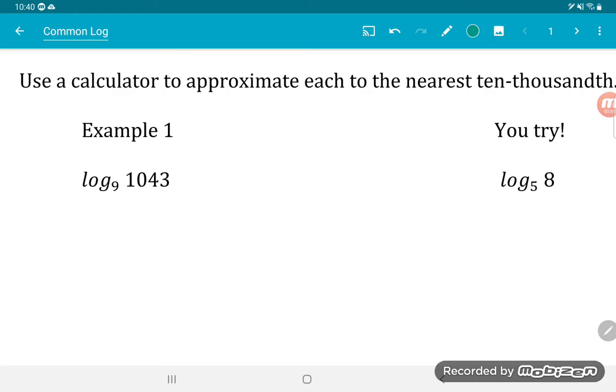Example 1 has log base 9 of 1043. The first thing we're going to do is rewrite this as log 1043 divided by log 9. We converted both of these to base 10, and this is how I would like for you to type it into your calculator.